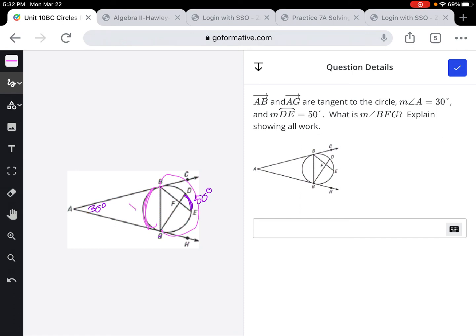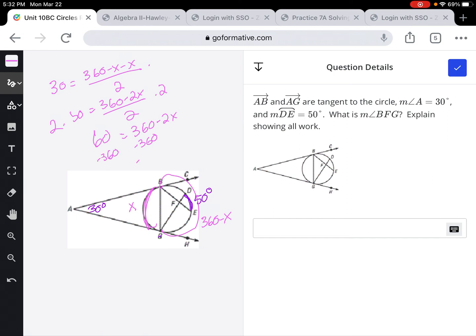I know if this arc is, say, x, then this arc right here would be 360 minus x. So I know my angle is equal to my big arc, which is 360 minus x, minus my small arc, divided by 2. I combine my like terms. This is going to be 360 minus 2x over 2. I multiply each side by 2. 60 is equal to 360 minus 2x. Subtract 360.